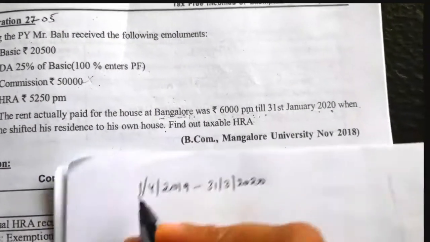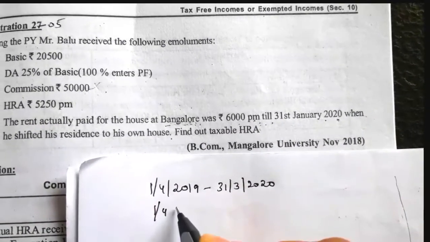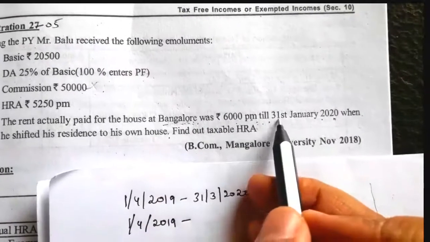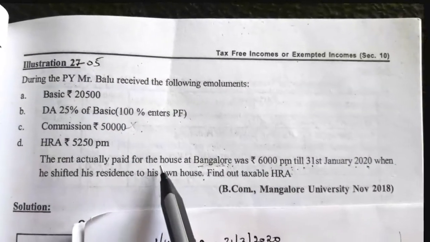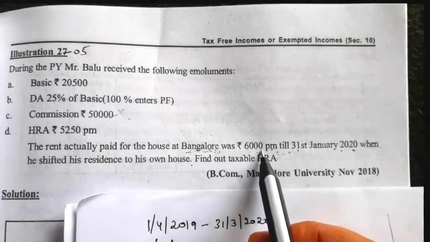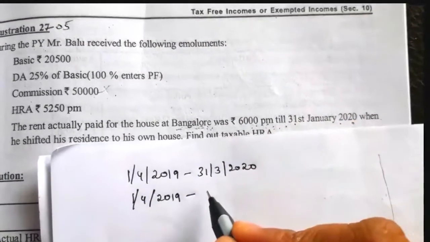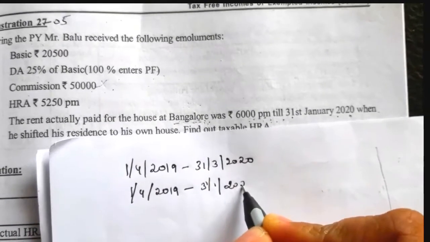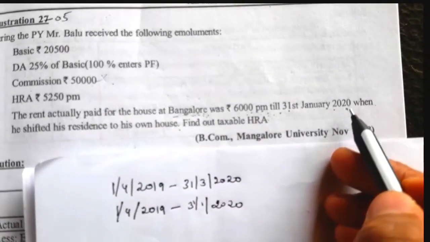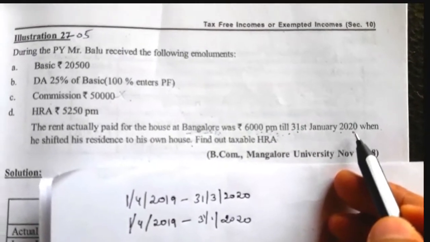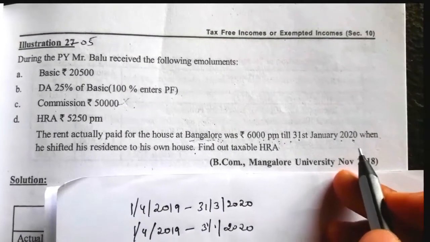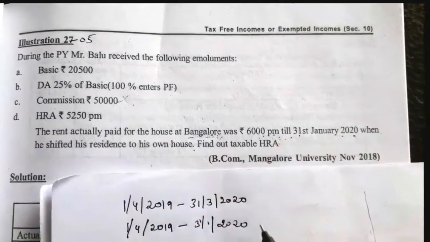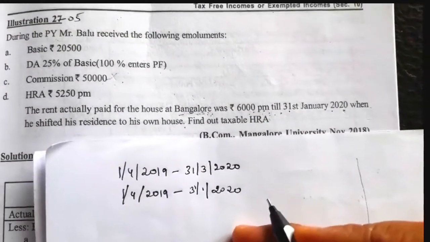So from the beginning of the previous year he is staying in the rented house, till 31st Jan. 31st Jan 2020 means in the months February and March he did not stay in the rented house and he shifted to his own house. Means we have to exclude the February and March months.